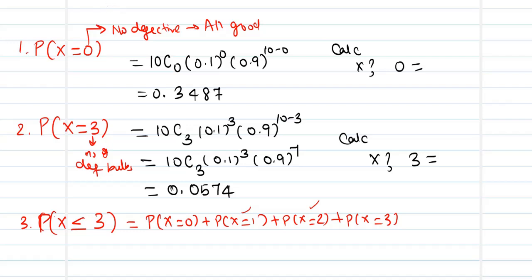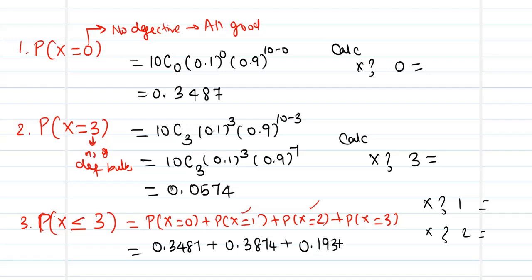Use your calculator, calculate the values for the quantity x equal to 1, get your data, x equal to 2, get your data. Then if you are going to fix it, this is going to be 0.3487. For x equal to 1, you will have it as 0.3874. For x equal to 2, you will have it as 0.1937.